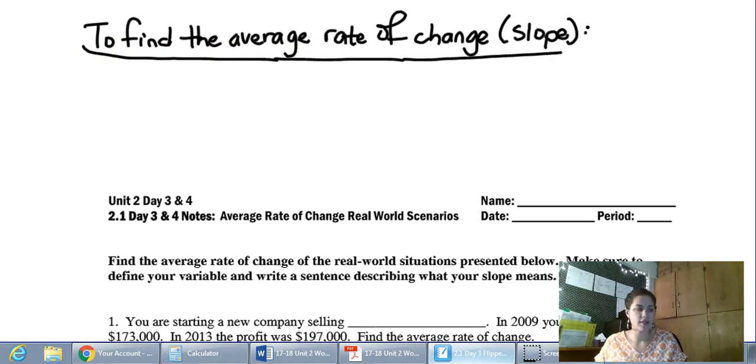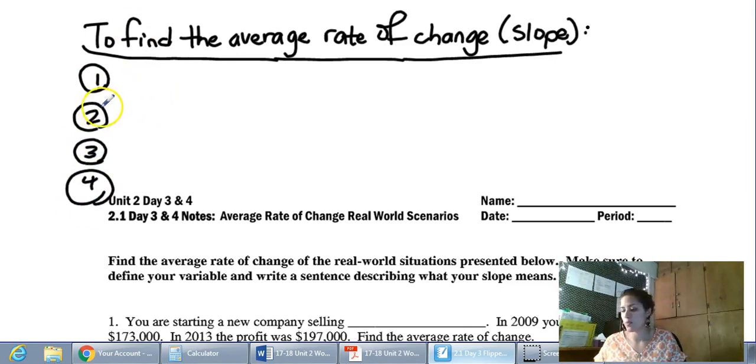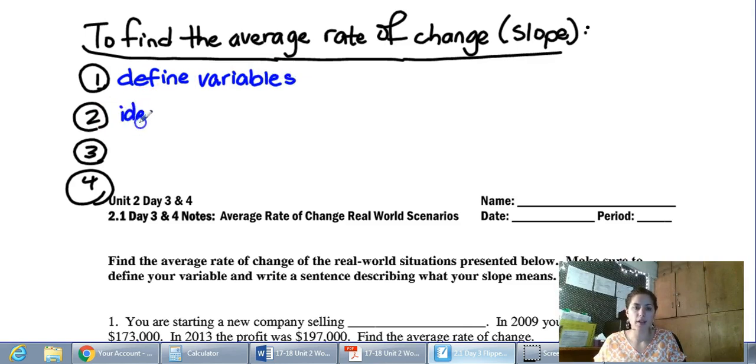So let's get those 4 steps. Step 1 is going to be define the variables. Step 2, identify 2 ordered pairs.